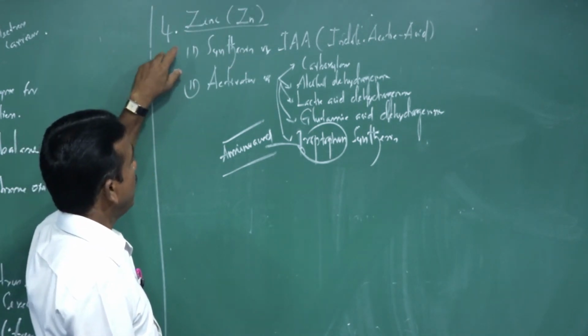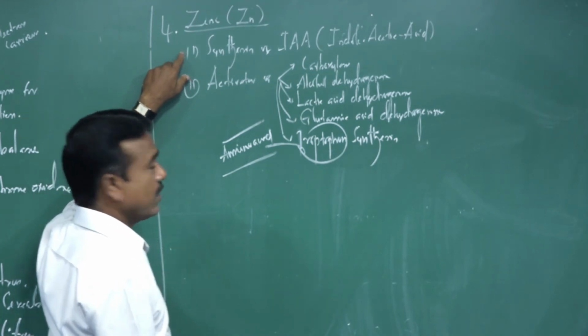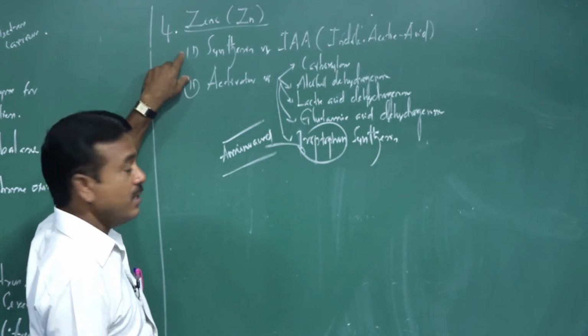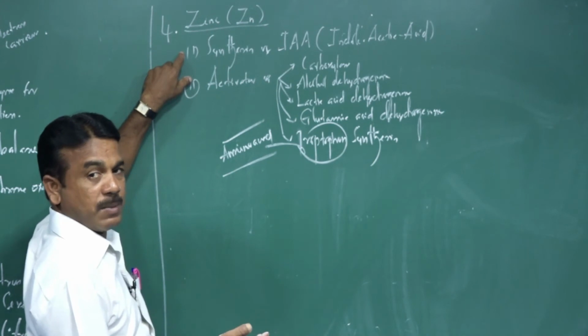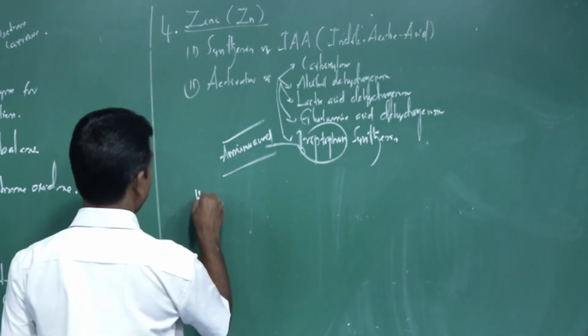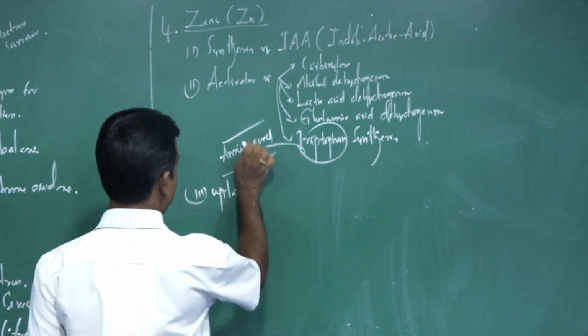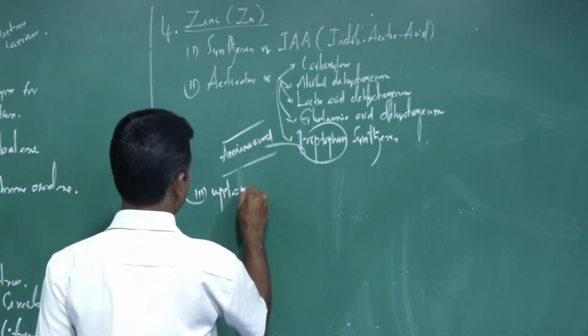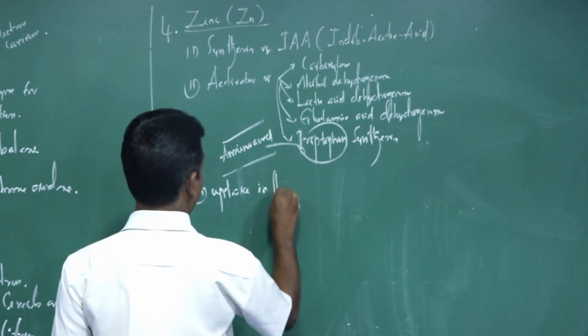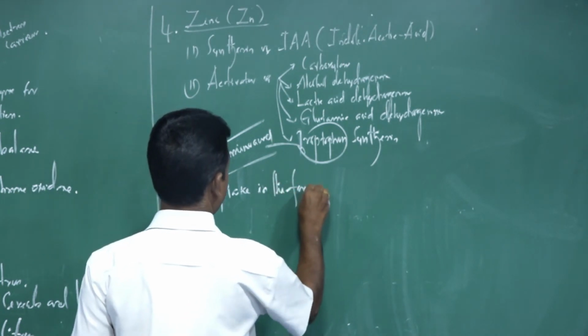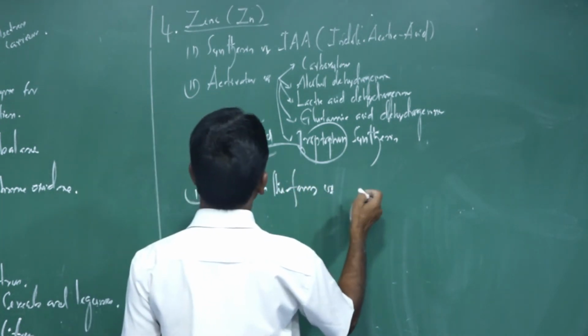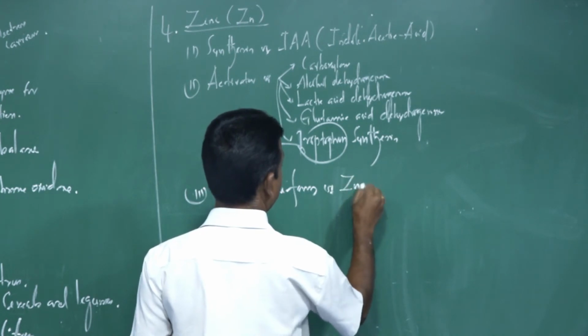Zinc is taken up by the plant in the form of Zn2+.